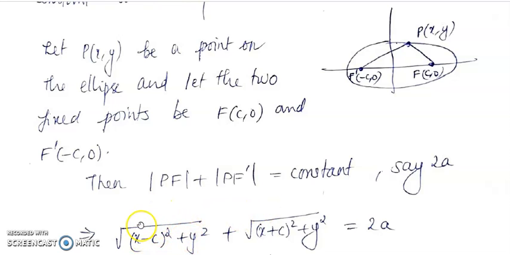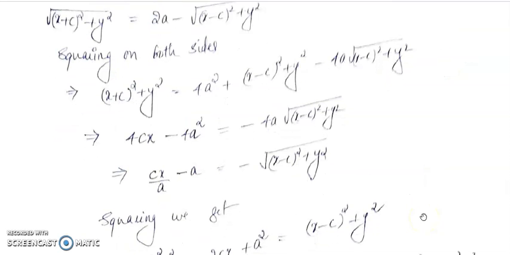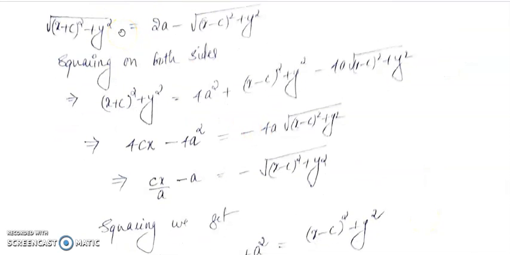Now let me take the first term to the right side and square. So root of (x plus c) whole square plus y square will be equal to 2a minus root of (x minus c) whole square plus y square.